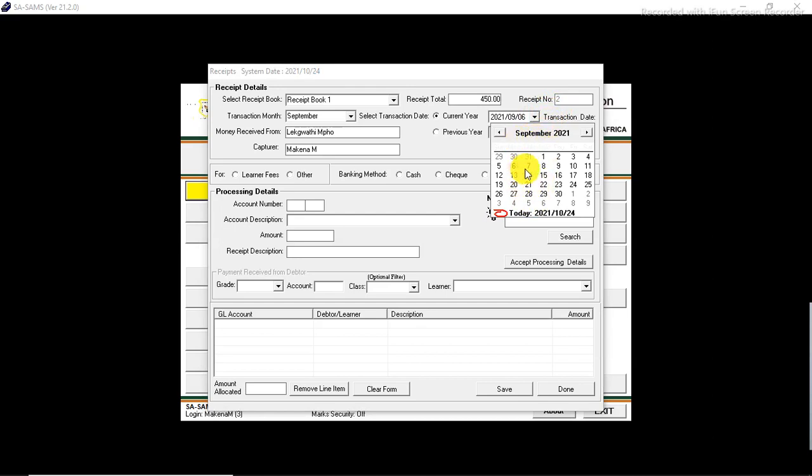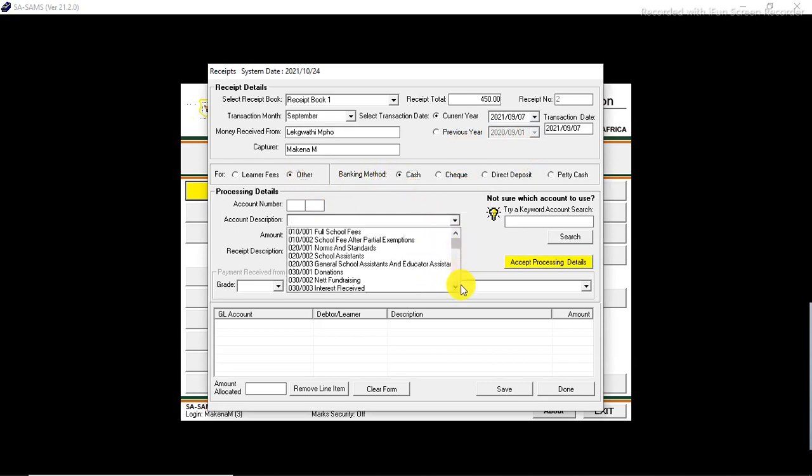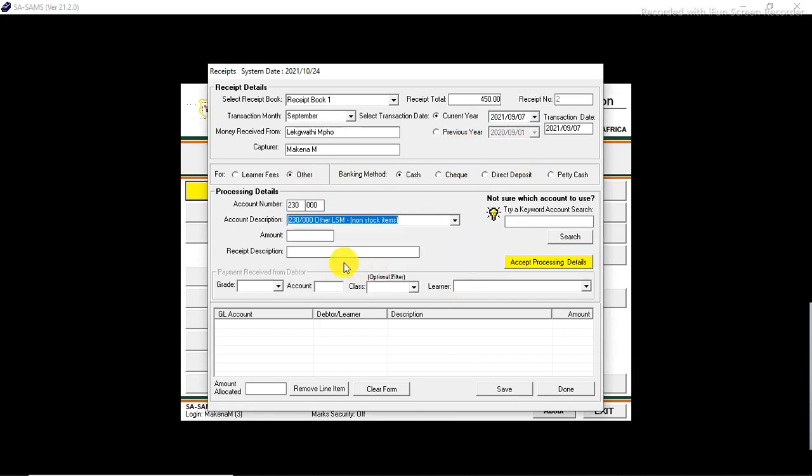Now, this one came on the 7th of September, and then it was other, it was cash, it was LSM, 450. Write it however it suits you. Learner support material. This one is in grade 5 book.